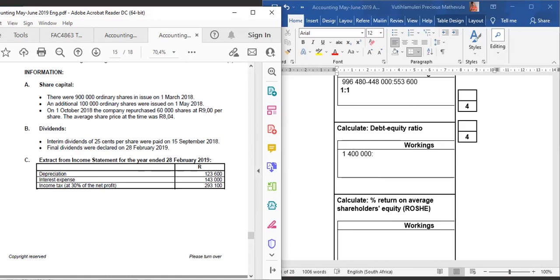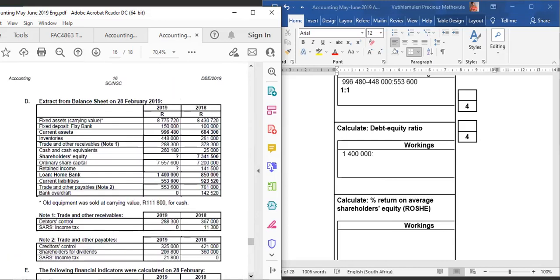At the beginning of the year, they're saying that there were 900,000 shares. What we do not have is the retained income, which I don't have time for.